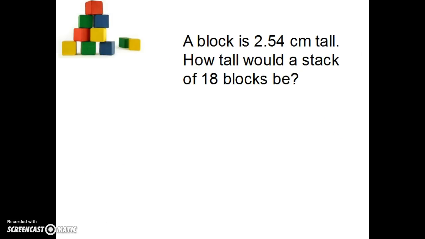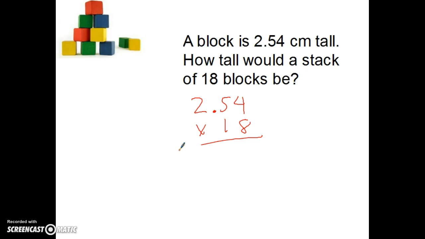A block is 2.54 centimeters tall. How tall would a stack of 18 blocks be? Well, 2.54 centimeters happens to be exactly 1 inch, so I know this is going to be about an 18-inch block, but my answer should be in centimeters. So I'm going to take the 2.54 times 18. Oh, 2-digit times 3-digit.